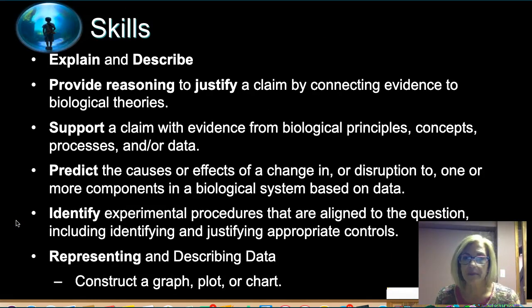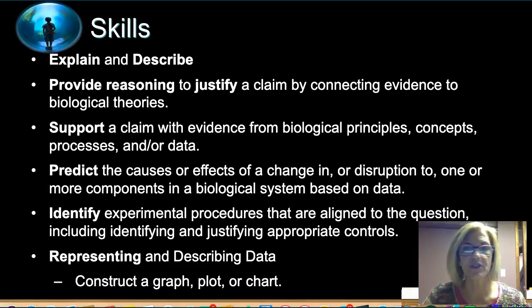Okay, some keywords. We've been talking about keywords. We've already talked about explain and describe, right? Other skills you should be able to do: provide reasoning to justify a claim by connecting evidence to biological theories. The claim is not enough. That's why we've been doing claim, evidence, reasoning all along.